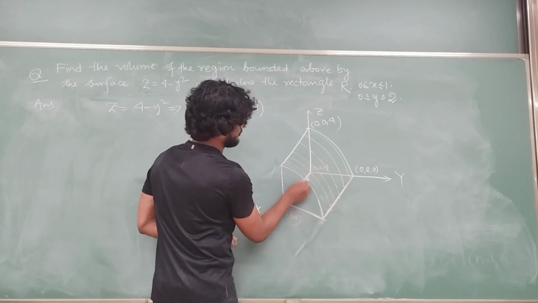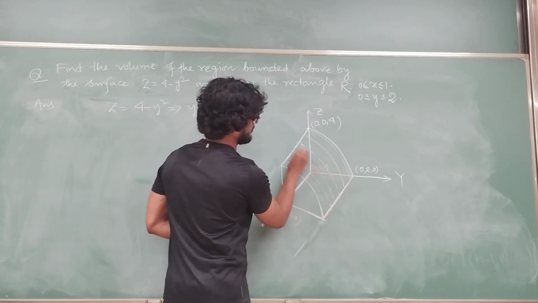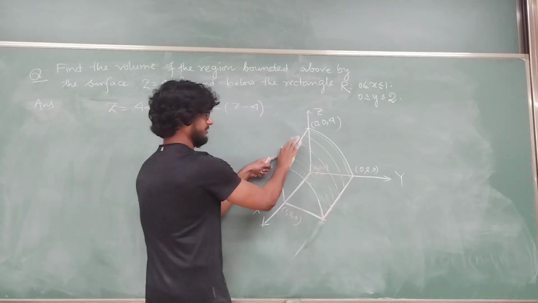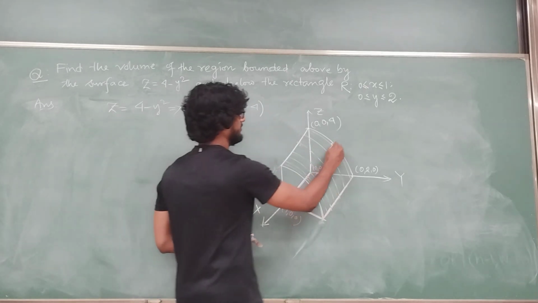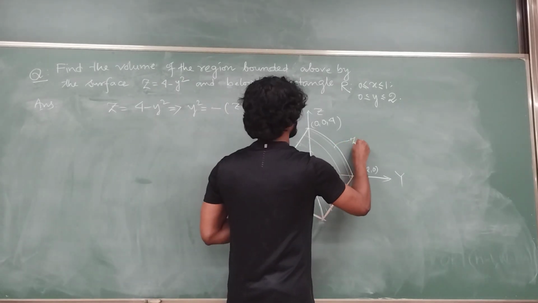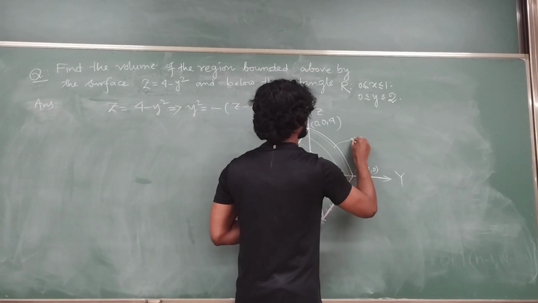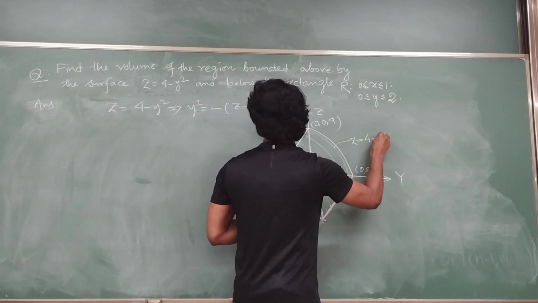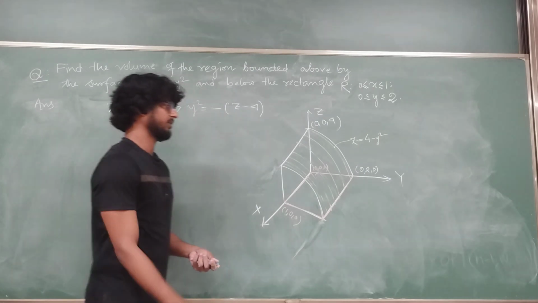This surface is nothing but z equals 4 minus y square.